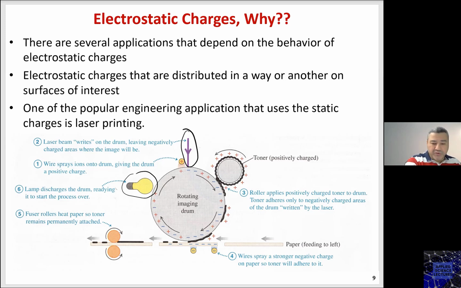Later on, when this drum continues rotating, those locations that were defined by this laser beam, now a negatively charged pattern, will attract the positively charged toner.